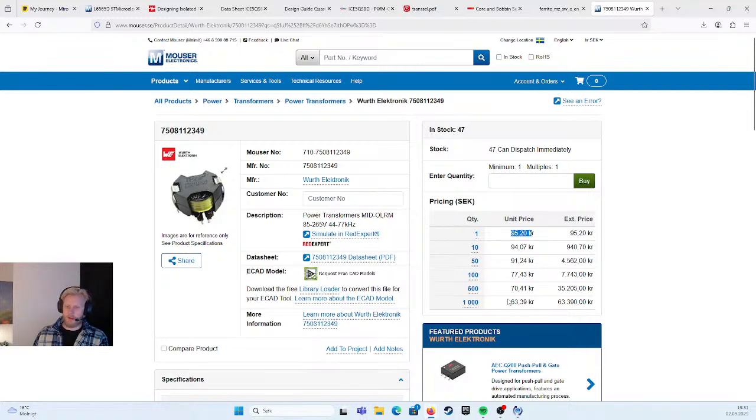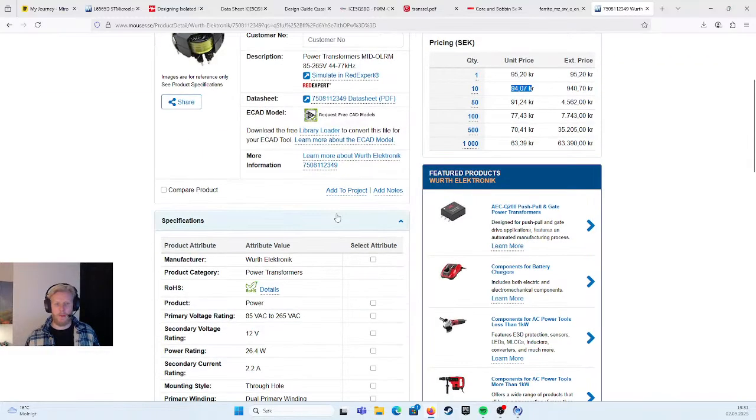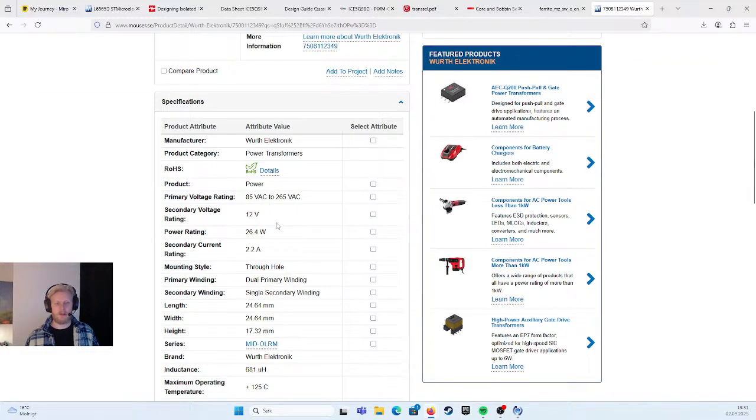And then based on volume, of course, you get less than that, but since we're just doing prototypes, maybe 10, it's still around 10 euro. So 1 euro per piece. But that's not too bad, I guess.